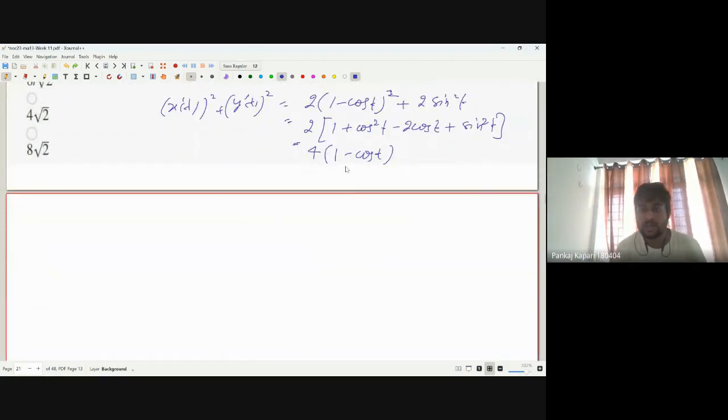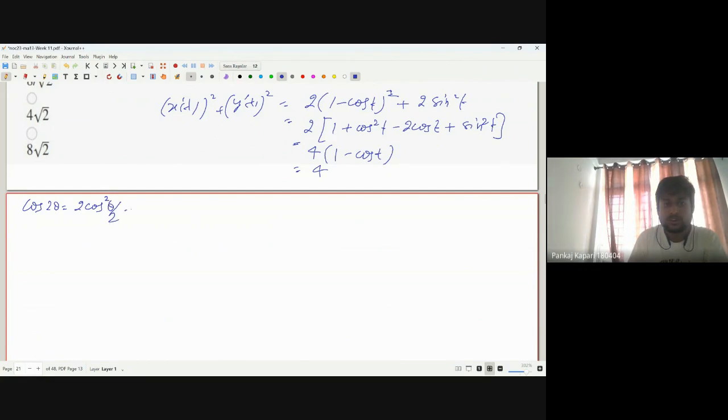Okay, so that's why we'll write this in terms of half angle formula, right? So this is 4. So what is 1 minus cos t? Okay, so for half angles, we have cos 2 theta. So there are two formulas.